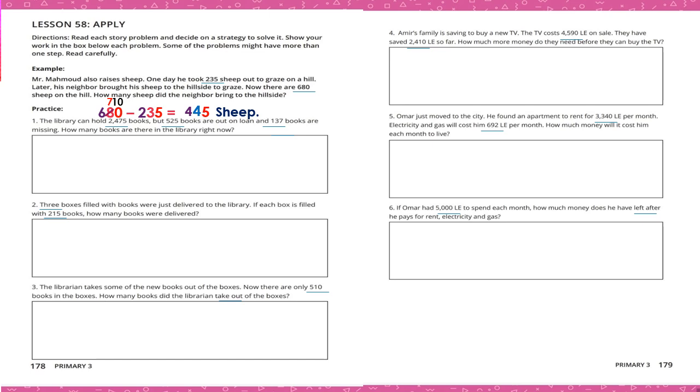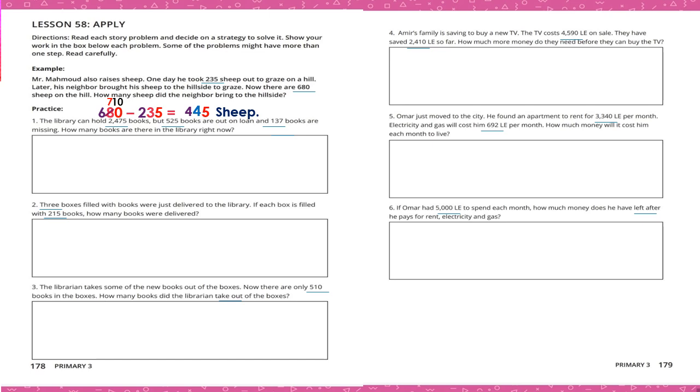Here we want to know the number of books in the library now, after the missing books. So, you should know a very important thing. When we have 3 numbers in the story problem, you should make 2 steps to solve, okay?